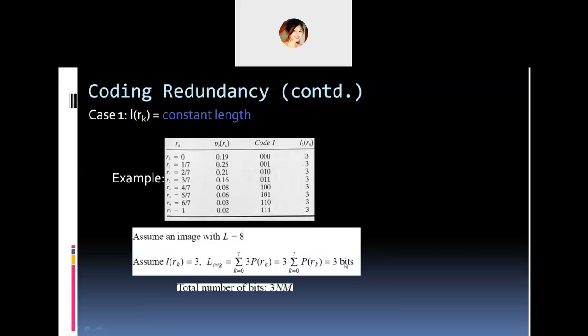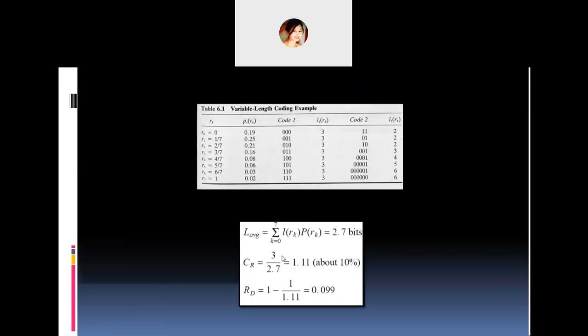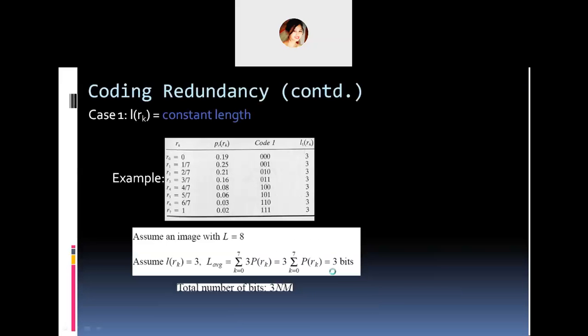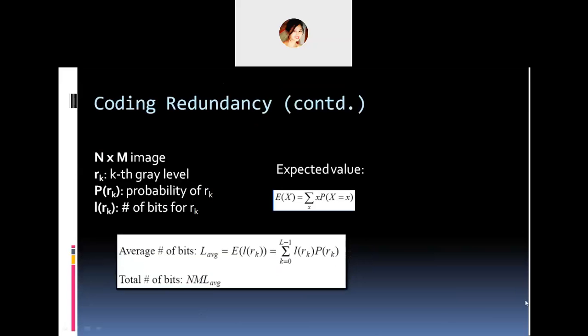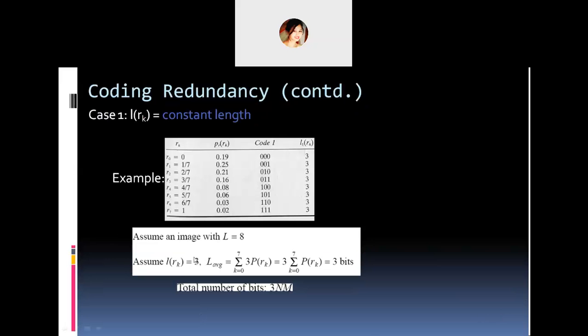This is the length. Then we calculate the l average. L average is nothing but this formula. Anyway, I'll give you the PPT today. You can't finish everything today, but still. So this is the formula. Take down this example. You can solve it later on. You just have to put the values in the equation.